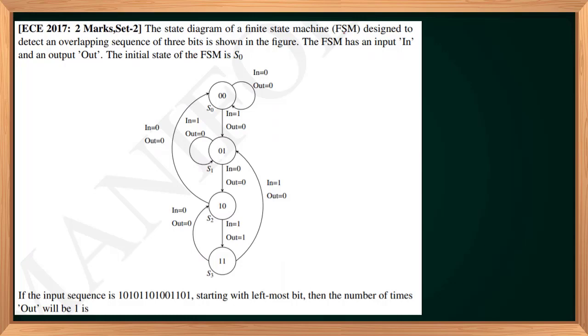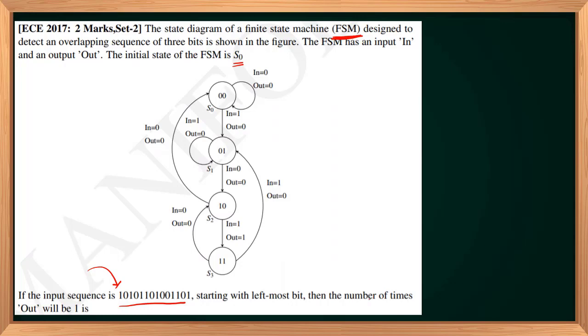It is called a finite state machine, implying it's a sequential circuit with a finite number of states, and it is given that the initial state is S0, right, and the sequence is prescribed, starting from the leftmost bit, then the number of times out will become 1 is.